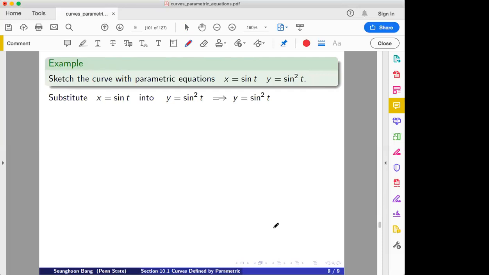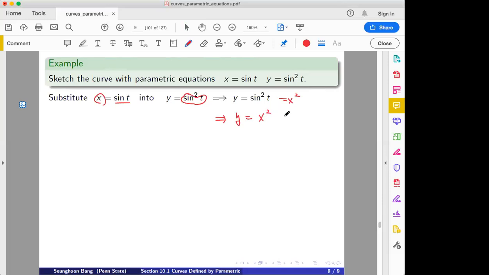So you have to plug sine of t is x, you plug into here. That's it. What's that? We have y equals x squared.